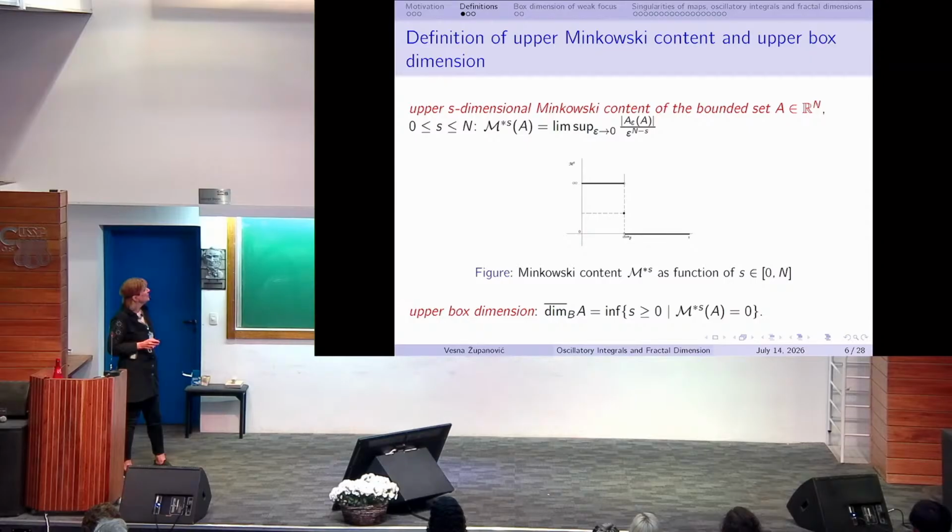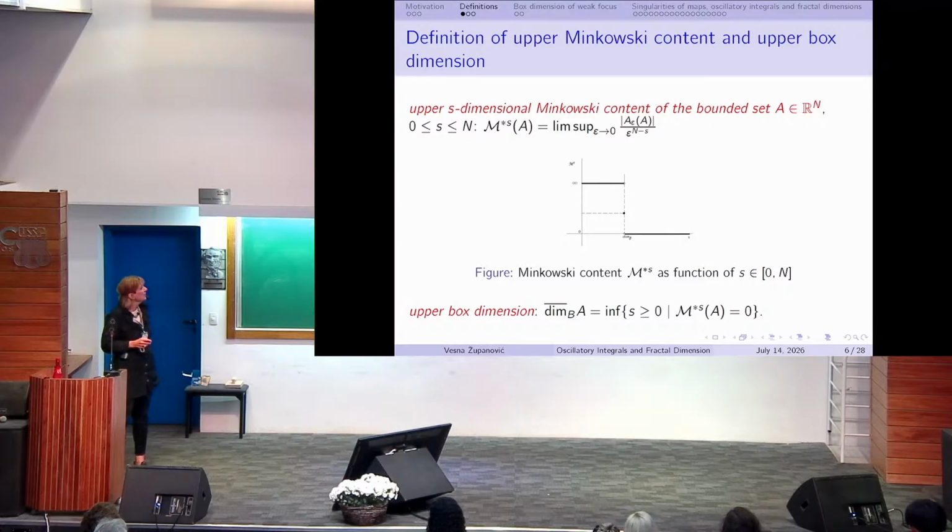And then we divide by this, and we obtain what is called the s-dimensional upper Minkowski content. For now, we can just take a limit to explain a little bit better. Okay, here you have s and you have the Minkowski content.